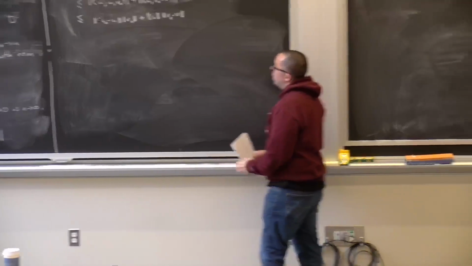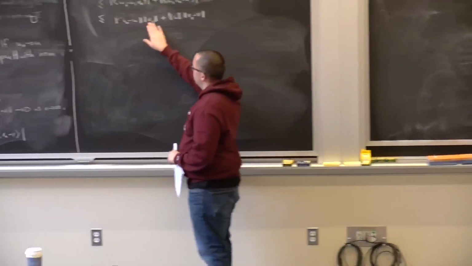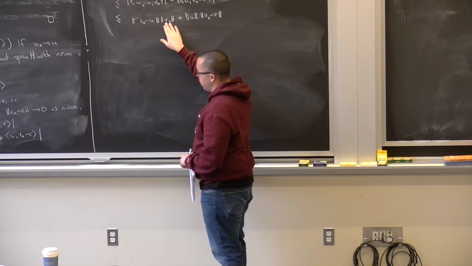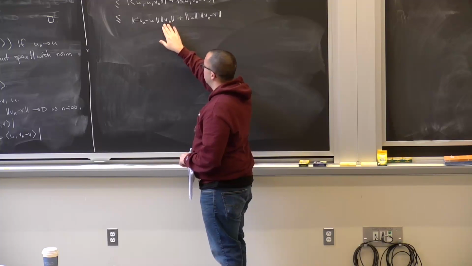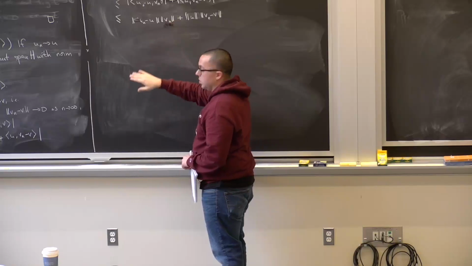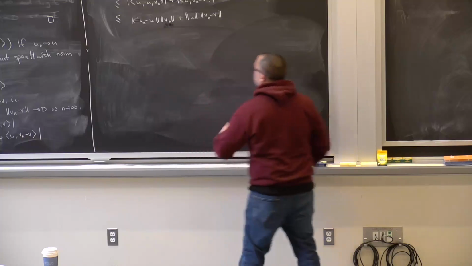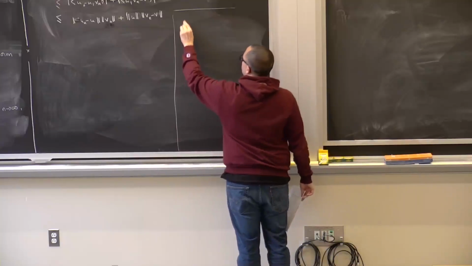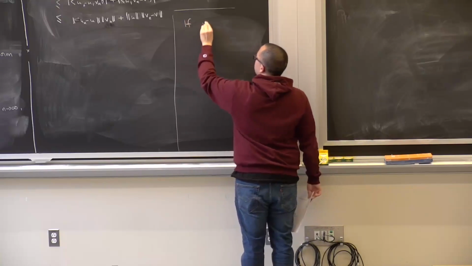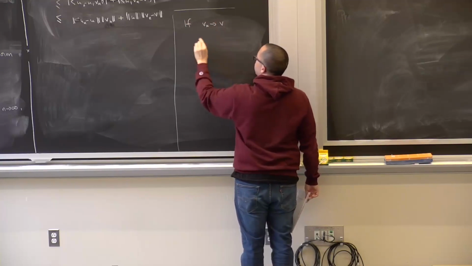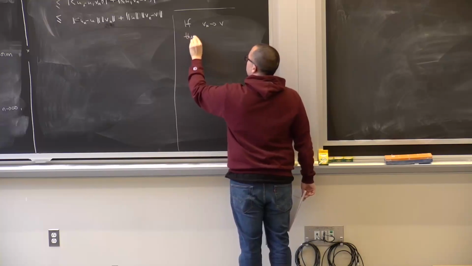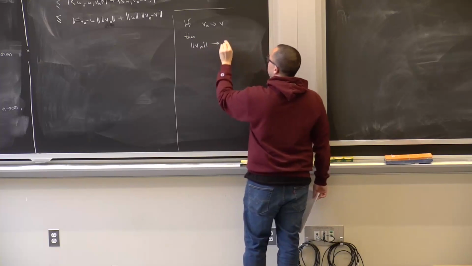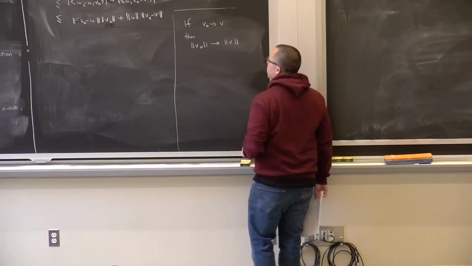And now the v_n's are converging to v, and therefore the norms of the v_n's are converging to the norm of v, right? Recall the simple fact that if v_n converges to v, then the norm of v_n converges to the norm of v.